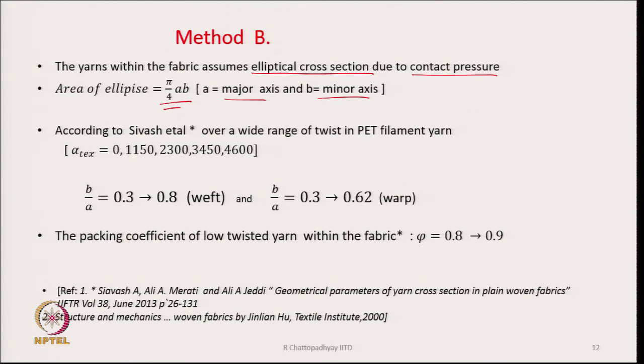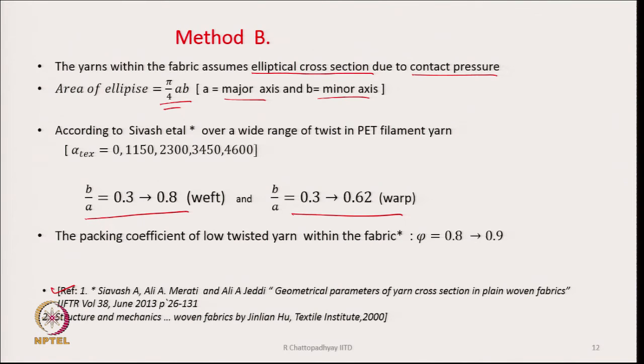Now, one important paper which I have found says that this ellipticity, that is the B by A ratio, minor by major axis, varies between 0.3 to 0.8 for weft yarns and 0.3 to 0.62 for warp yarn. This is available with this particular paper.